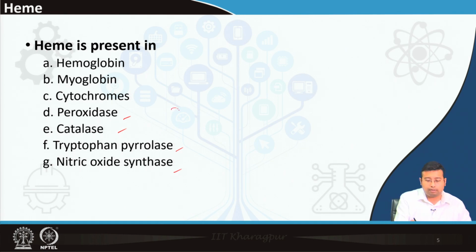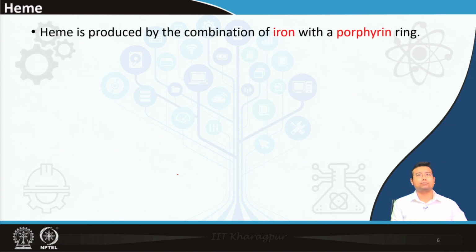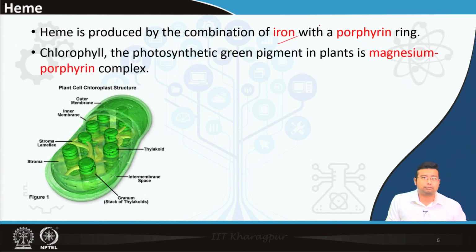These enzymes also contain heme, and you may get a multiple choice question where each of these may be given as a direct answer or in an all-except type of question. So first things first, heme is produced by the combination of iron with a porphyrin ring.